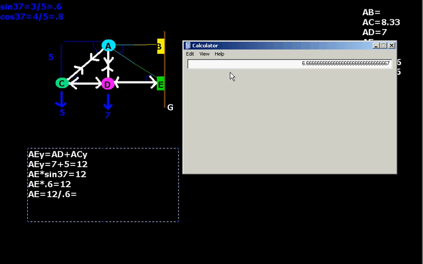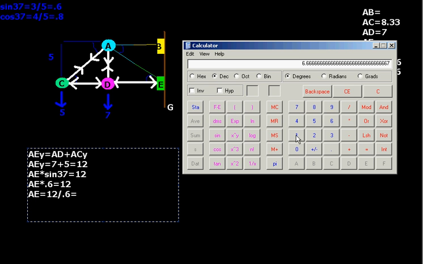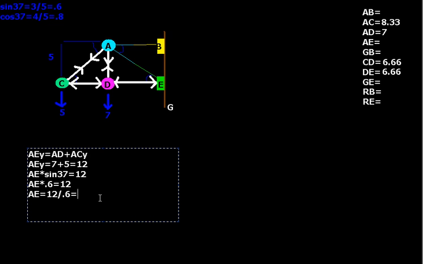Oh, slow computer. 12 divided by 0.6 equals, we get 20. Oh, that's convenient. 20. Okay, so we have our AE being equal to 20. Let's just slide that right over here.